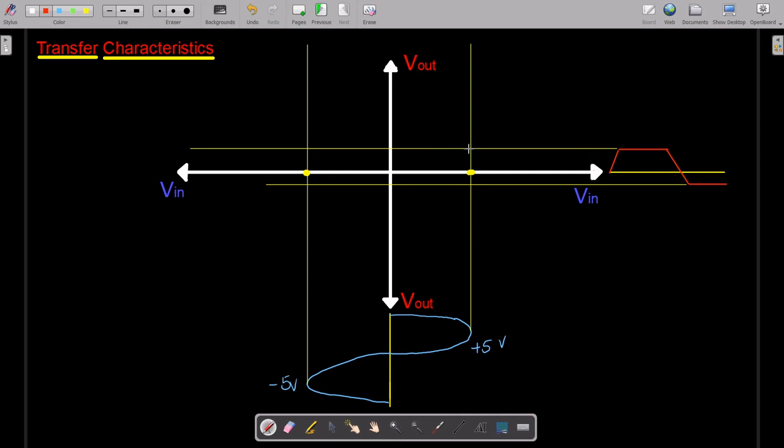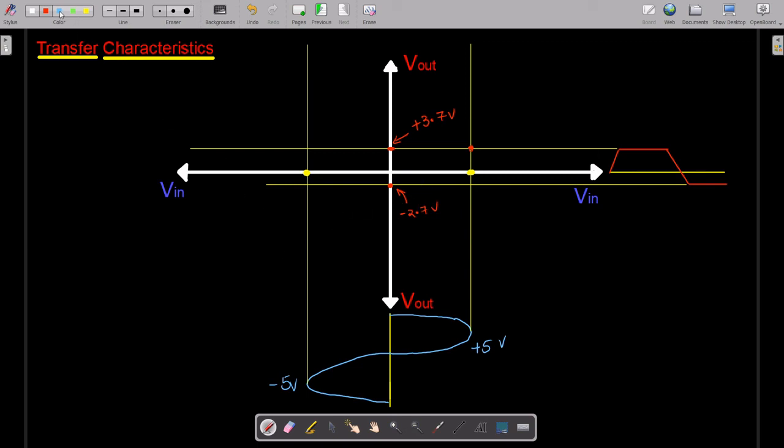So this is plus 3.7 volts, and this is your minus 2.7 volts, something like this over here, minus 2.7 volts.